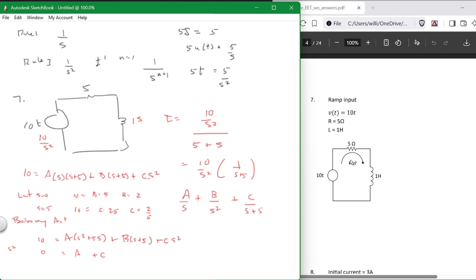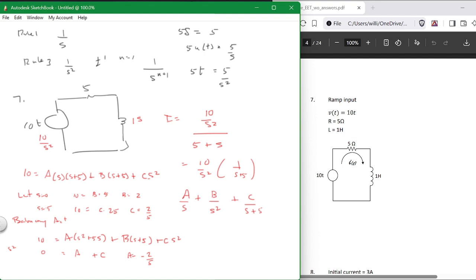Everybody see that? That's the way you do it. S squared term, there's none on the left, there's an A, and there's a C. So if C is equal to 2/5, A is equal to what? Minus 2/5, and you're done. All right, everybody understand that move?